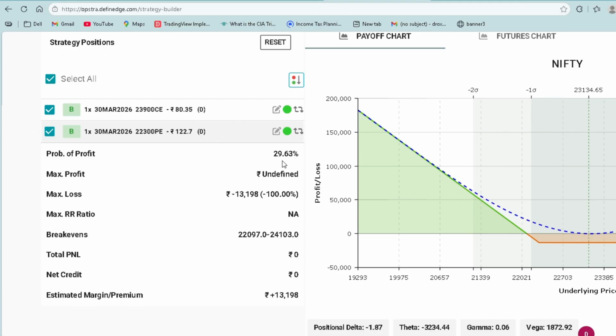But the break even, in the previous strike it was around 1,500. Now break even comes to 2,000 points. So in order to make profit, market has to make a big move, around 800 points on the upper side and 800 points on the lower side. This is the logic behind this strategy.